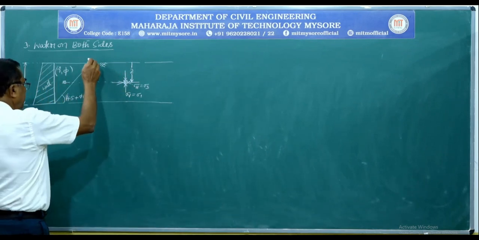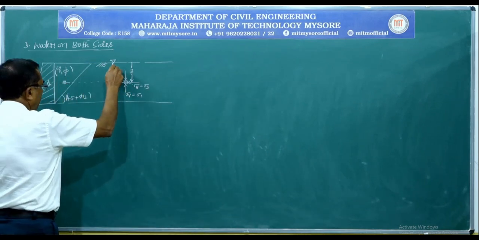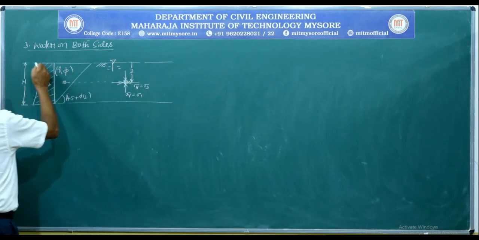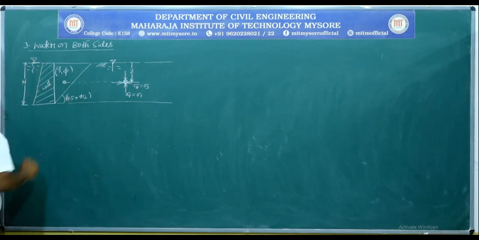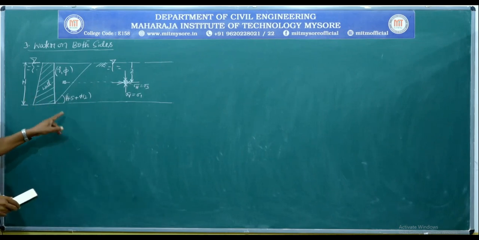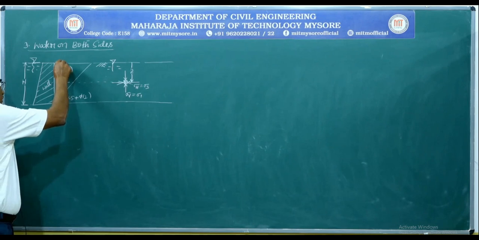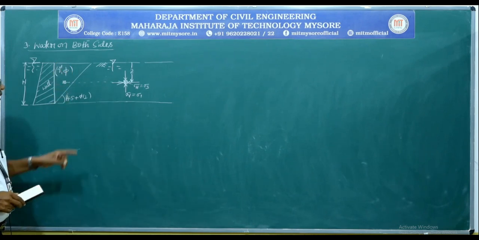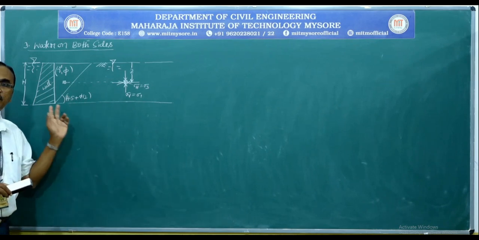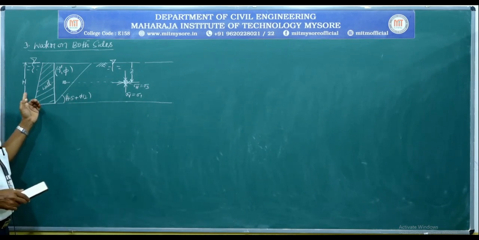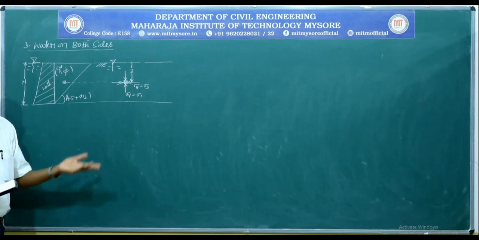Here, when water is there on both the sides of the wall, earth pressure is to be calculated using only the submerged weight of soil, and the water pressure on both the sides gets compensated.